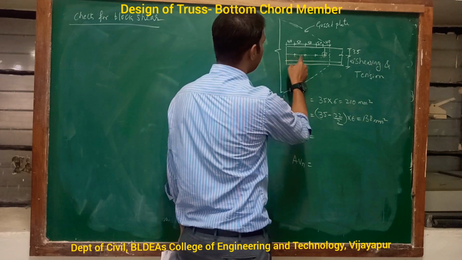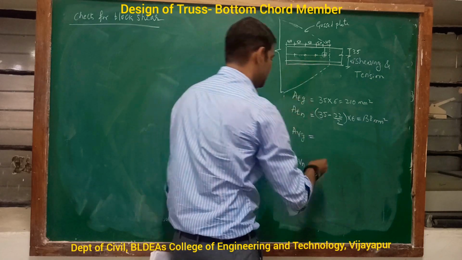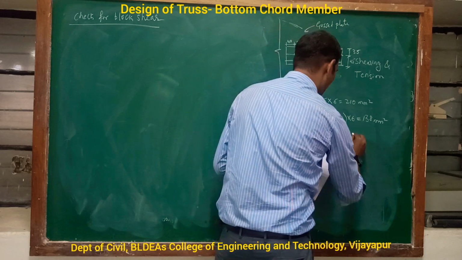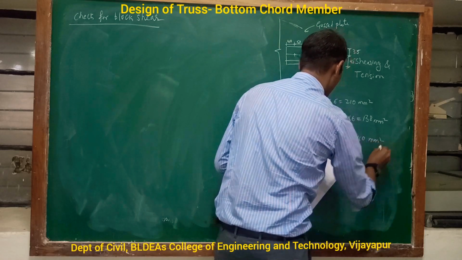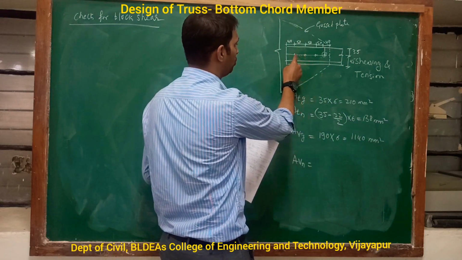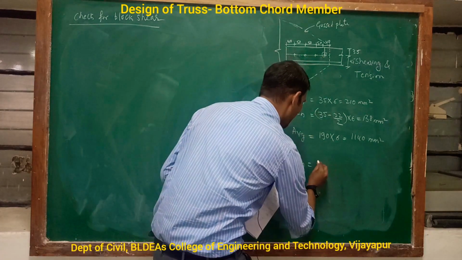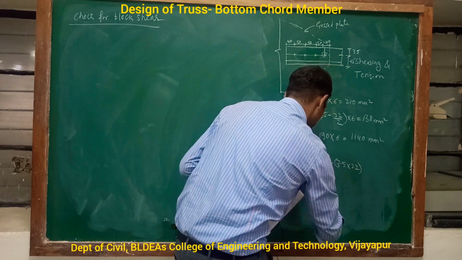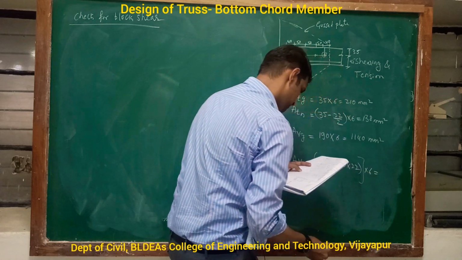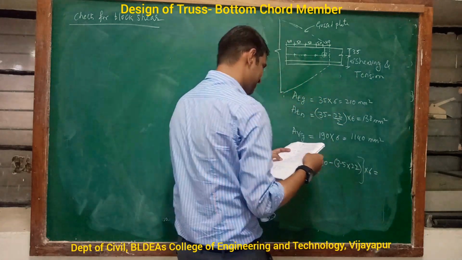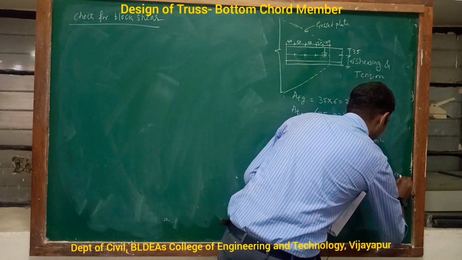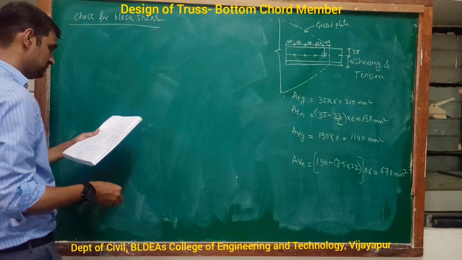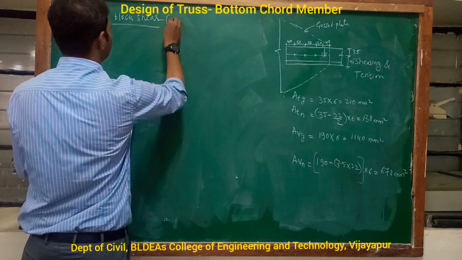So 40 plus 50 plus 50 plus 50, which will be 190 into 6, which will be 1140 square mm, and net area under shear will be, we have to deduct these bolt holes, 1, 2, 3 and half of this, that is 190 minus 3.5 into hole dia 22, whole bracket into 6, which will be 678 square mm.